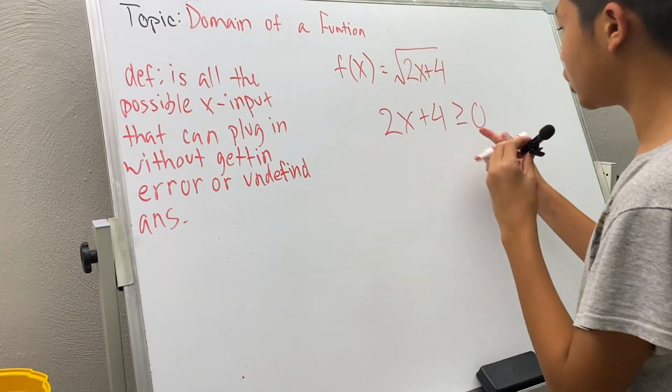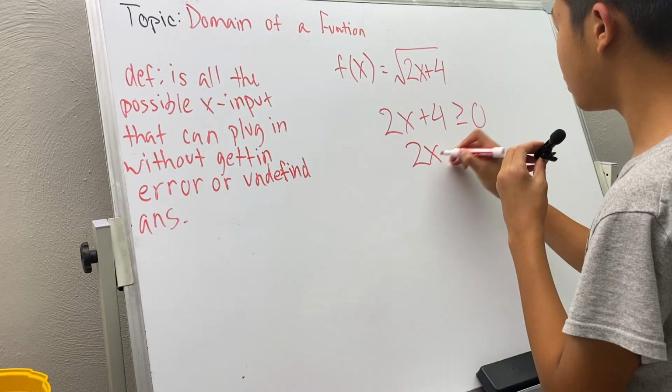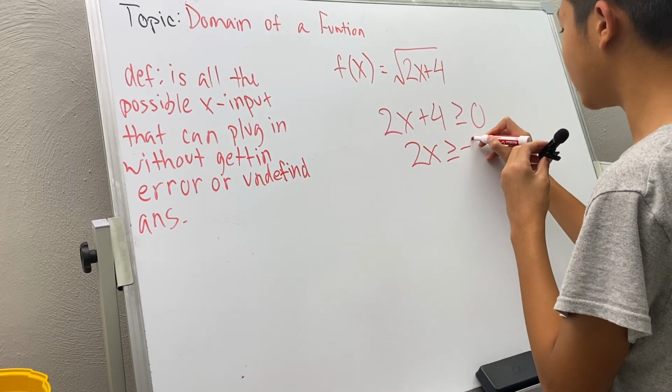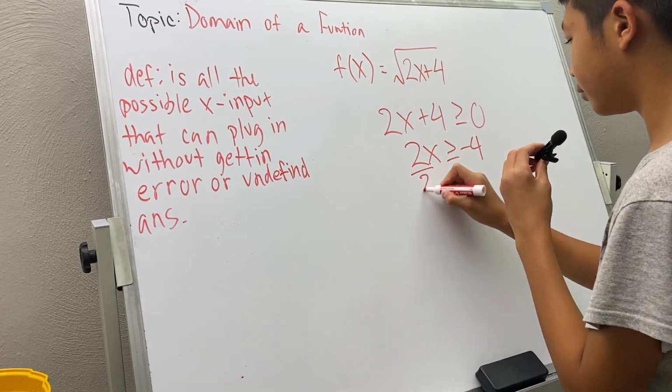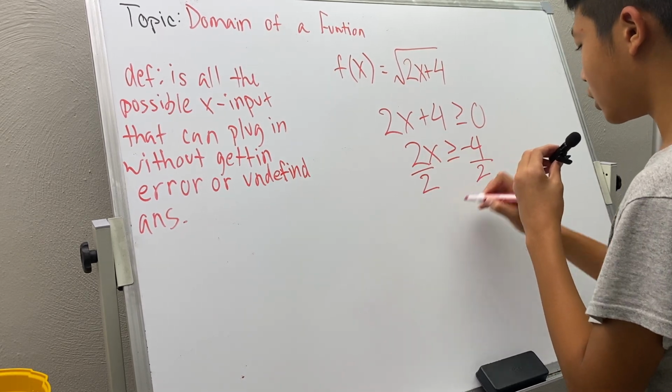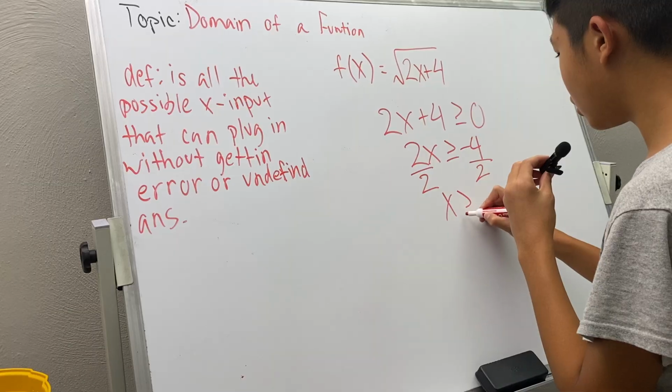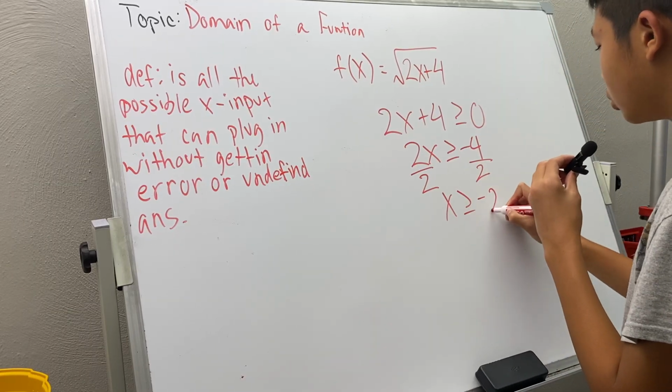So let's move this 4 to the other side. So we have 2x greater than or equal to minus 4. Divide by 2 both sides. So x is greater than or equal to minus 2.